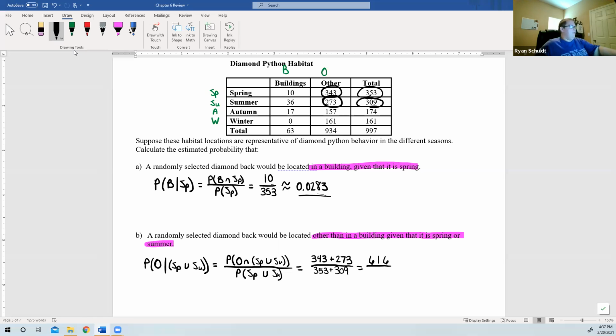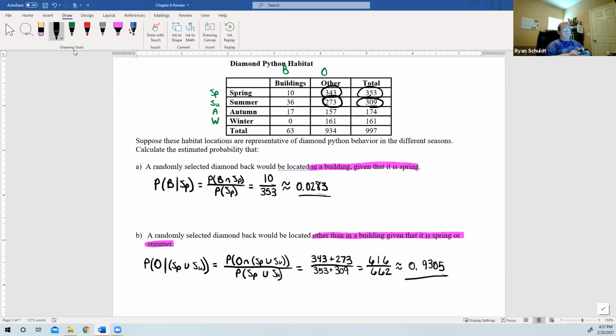Let me double check that calculation. Pretty sure that's right. 343 plus 273, yep, 616, divided by 662, which is approximately, to 4 decimal places, 0.9305.